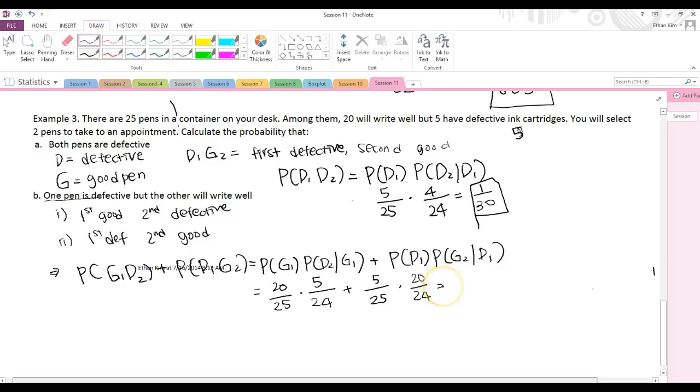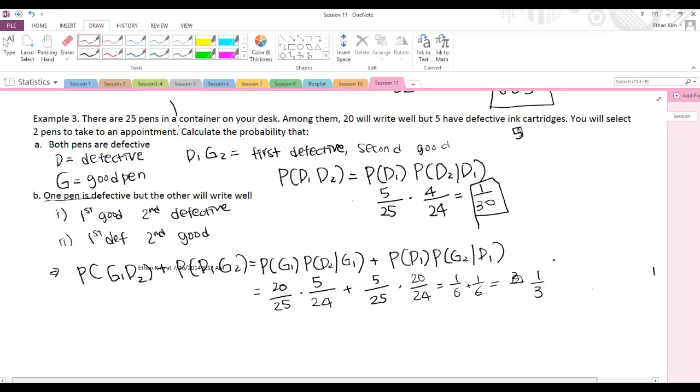Each of these comes out to 1/6. If you add them up, we're going to get 1/3. Right, so this is an example of conditional probability and using the notation for it.